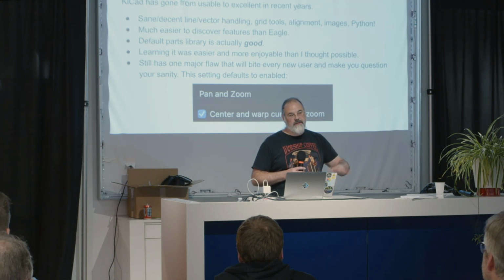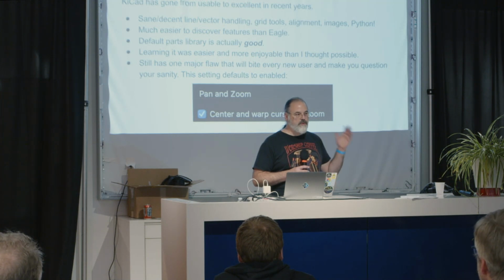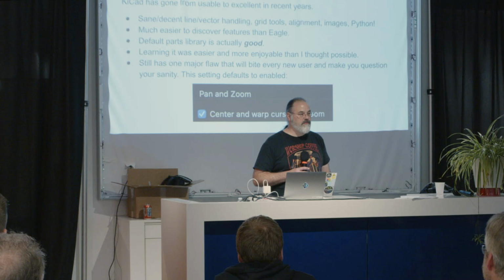Going from Eagle, there's a lot of good stuff there. The grid tool works well. You don't have to play all kinds of weird trickery to get stuff to do what you want. Vectors, you can have polygons and do Boolean operations like intersects and negates and all kinds of awesome stuff.